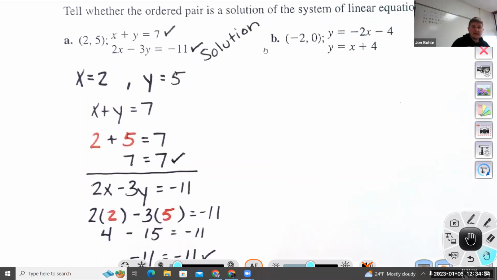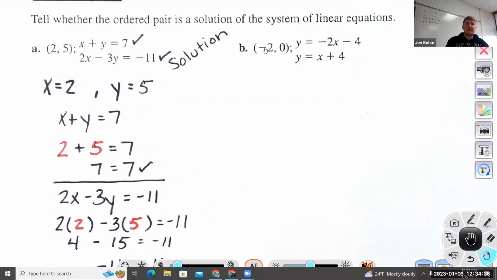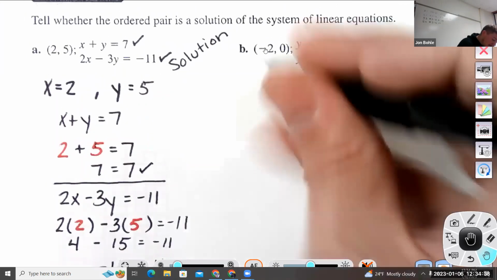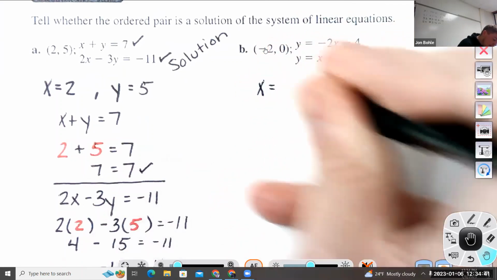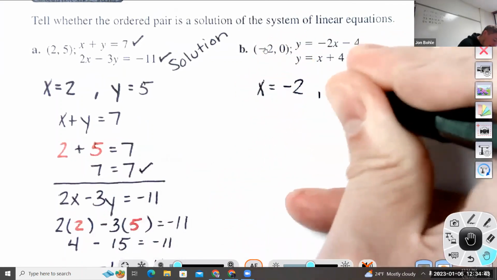Okay, so B is going to be the exact same thing, just the numbers are different. Somebody have what my X value is going to equal? What about my Y value?